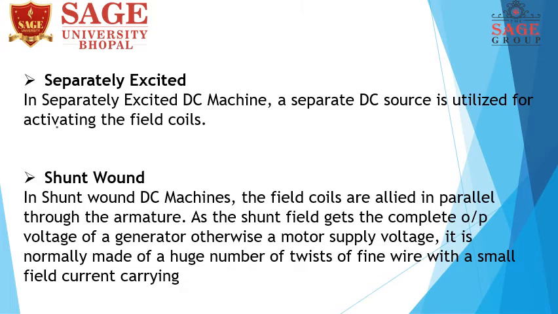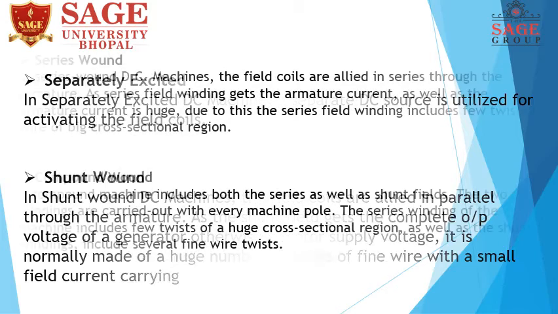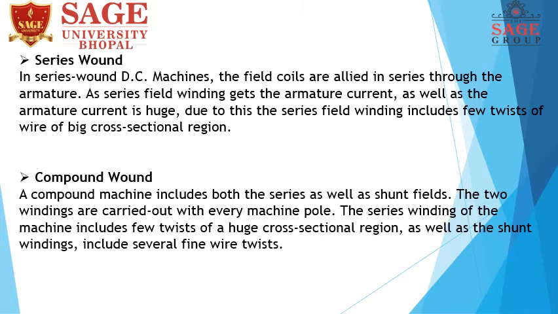In a shunt wound DC machine, the field coils are connected in parallel with the armature. In a series wound DC machine, the field coils are connected in series with the armature. The compound wound machine includes both series as well as shunt fields.